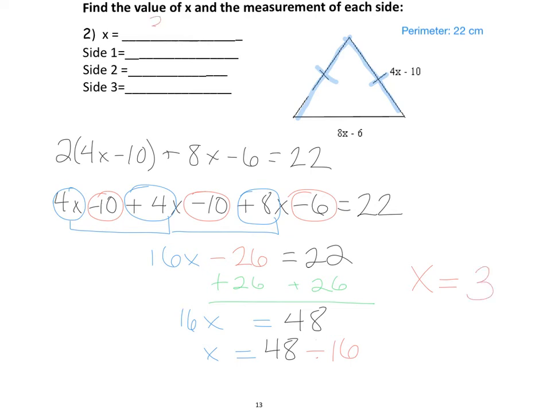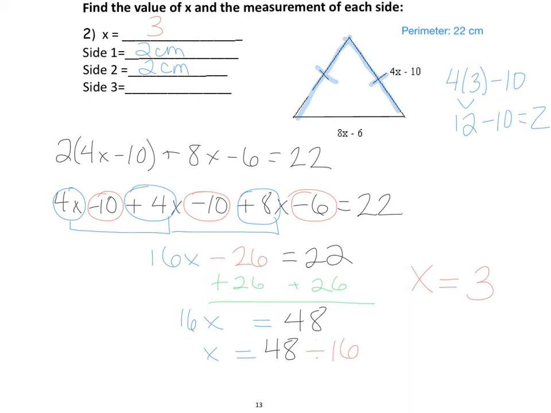This means we can fill a 3 on the line. Now, to figure out our two isosceles sides, the two congruent sides, 4 times 3 minus 10. 4 times 3 is 12, take away 10, it's going to be 2. So two of the sides, doesn't matter which two, are going to be 2 centimeters.